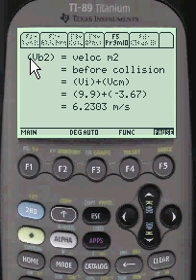Same thing for the velocity just before it collides for mass number 2. That equals 6.2303 as we do the calculations. Notice VI, the initial velocity, is the same for both masses.